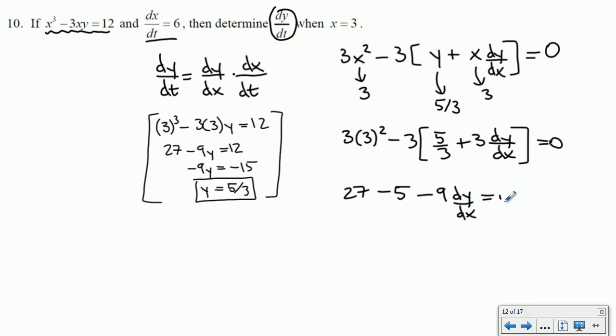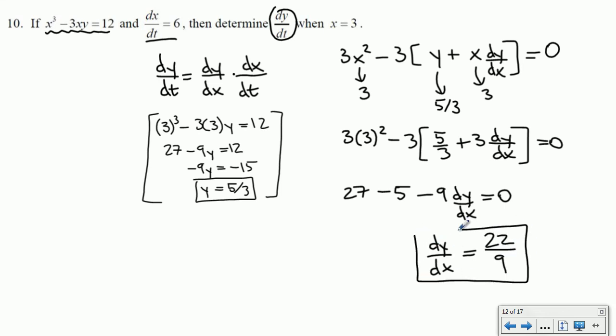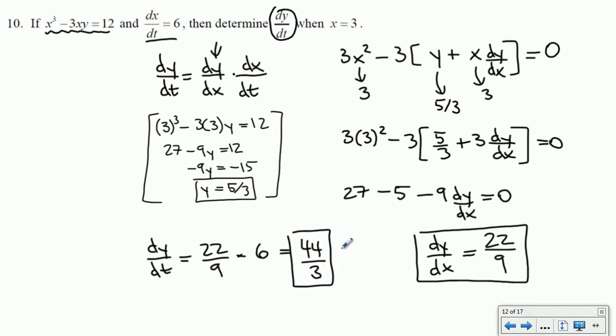And now we just need to isolate for dy dx, which you can see would eventually be 22 over 9. So we have one major piece to put in there, and we know dx dt as well, which is 6. So dy dt then will be 22 over 9 times 6, which we end up with 44 over 3. And that's our final answer.